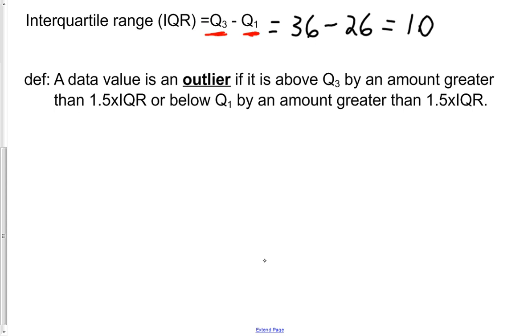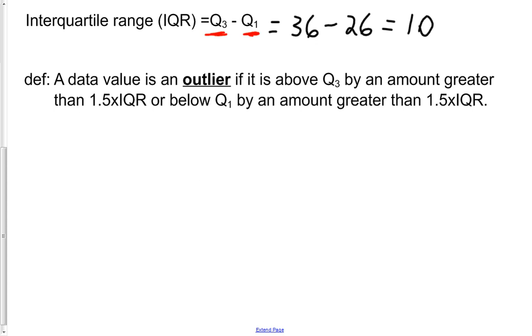A data value is an outlier if it is above Q3 by an amount greater than 1.5 times the interquartile range, IQR, or below Q1 by an amount greater than 1.5 times the interquartile range. So basically we're setting up boundaries around our data set, and any data value that falls outside of those boundaries we're going to call an outlier. So let's see if our data set has any outliers.